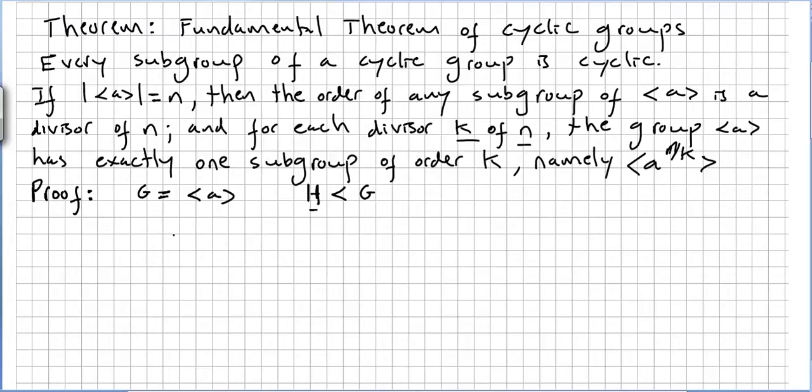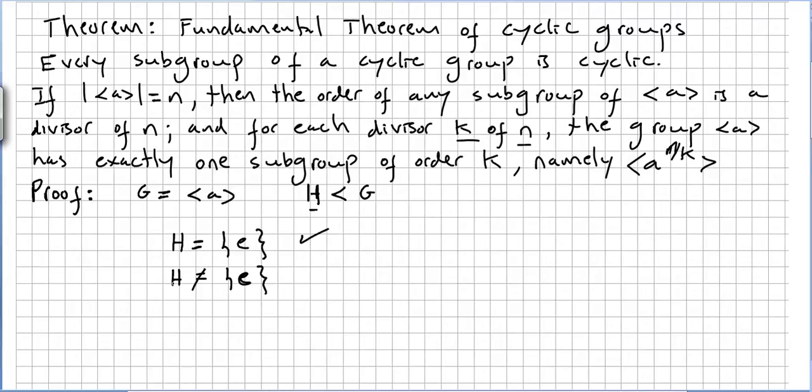If H has only the identity, then it's cyclic, proved. So let us take H different from the set with only the identity.